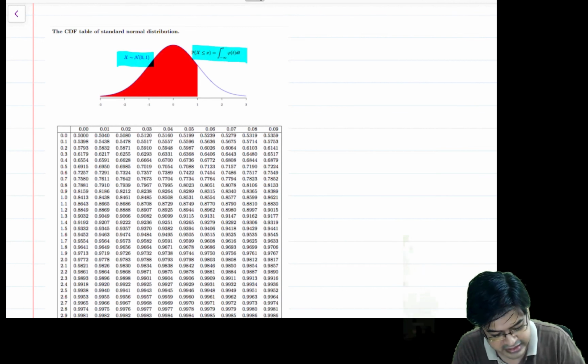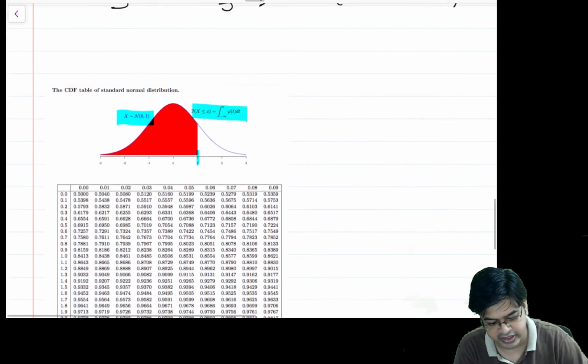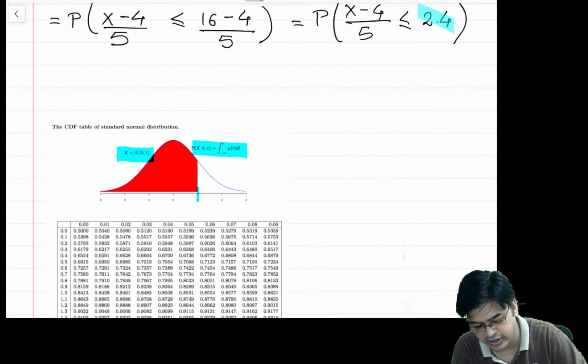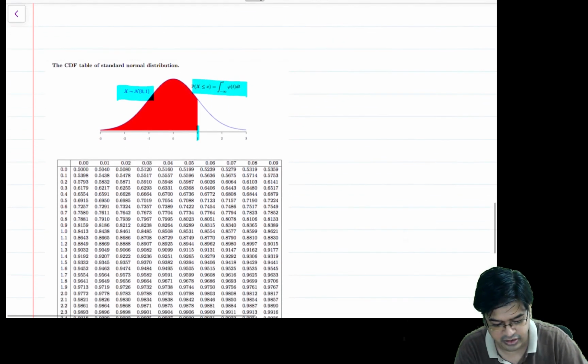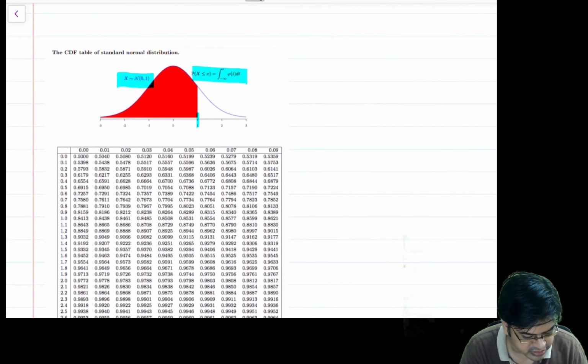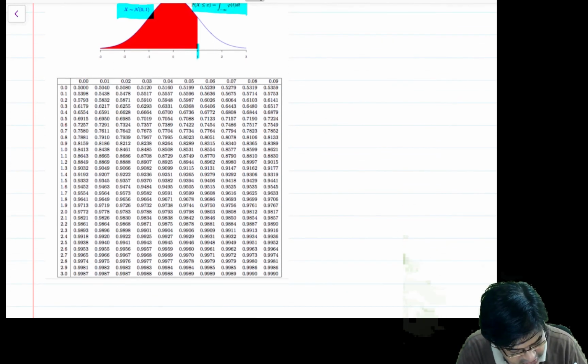So the point that is given here will calculate the probability at the point. So now what is the point that is given to me? It is 2.4. So I need to calculate the probability of 2.4.